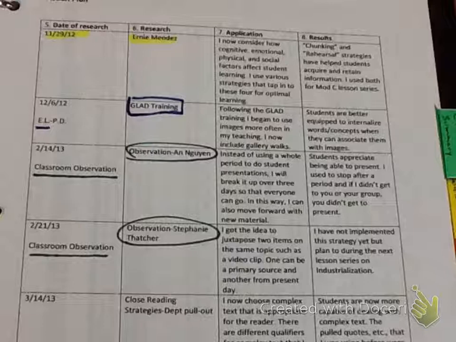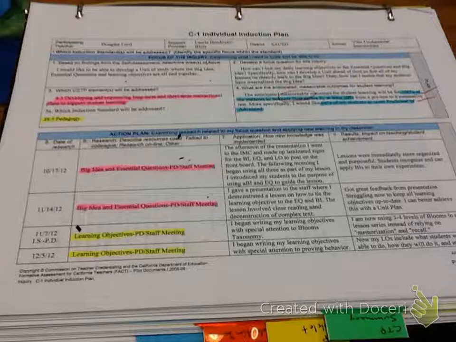In this case, you can see this person went to a GLAD training, they ran out of room, so they put their observations on this sheet, and all of that is perfectly fine. But going back to the original IIP and what we're looking at here, so great, this is fabulous. We've got somebody who has very clearly articulated that they have a goal for their CSTP, and it's an absolute no-brainer.